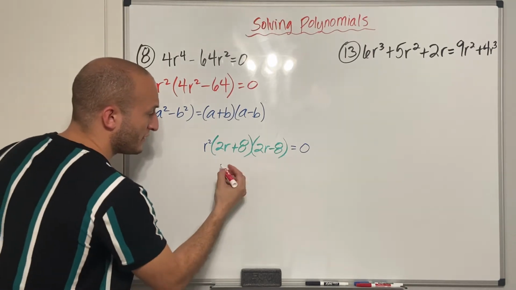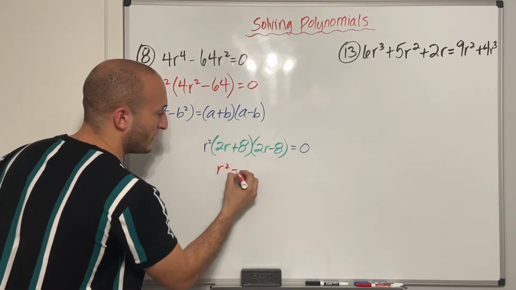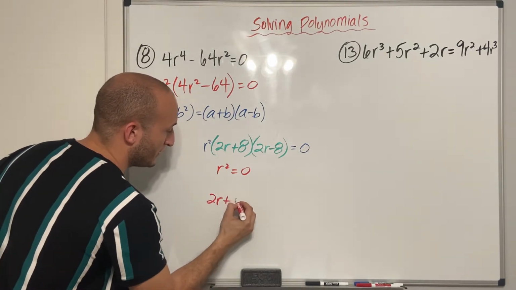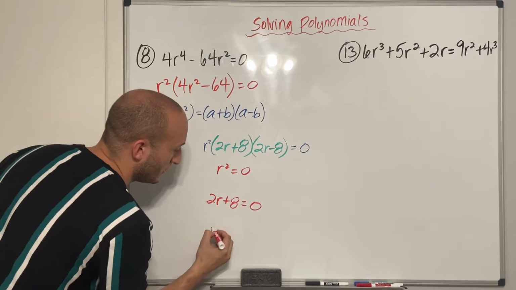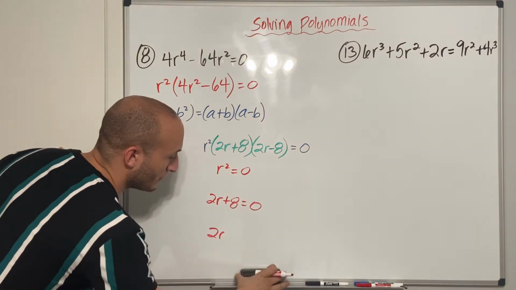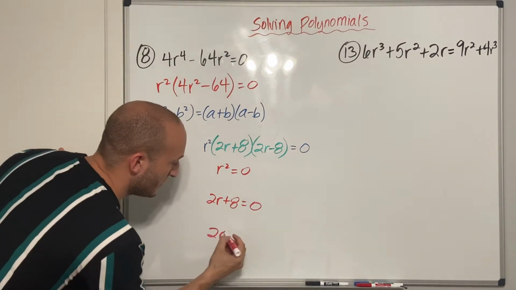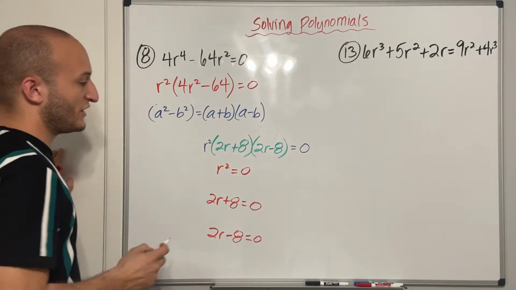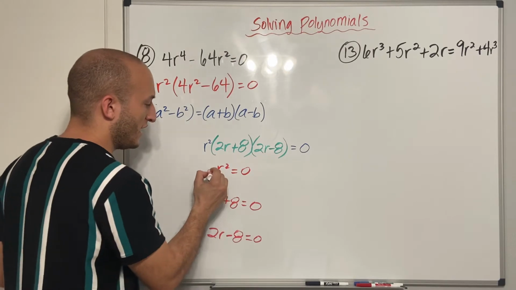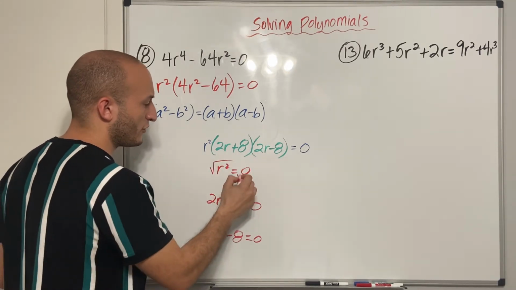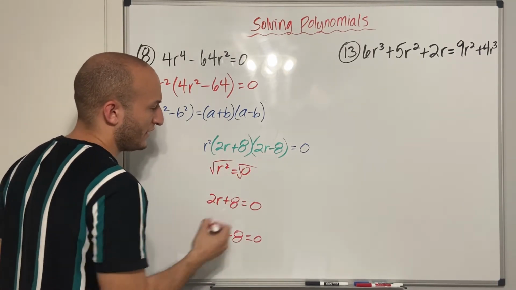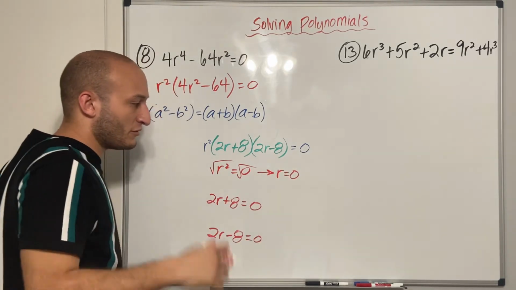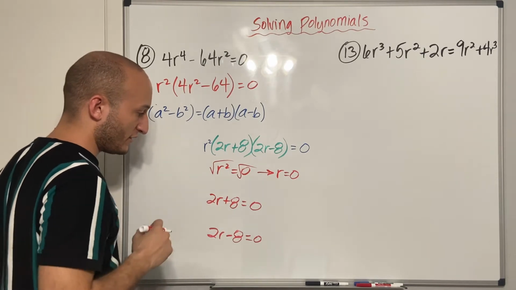So to solve this, r squared equals 0, 2r plus 8 equals 0, and 2r minus 8 equals 0. When I start solving, I find the square root here, and this ends up as r equals 0 because the square root of 0 is 0. So that's one of my answers.